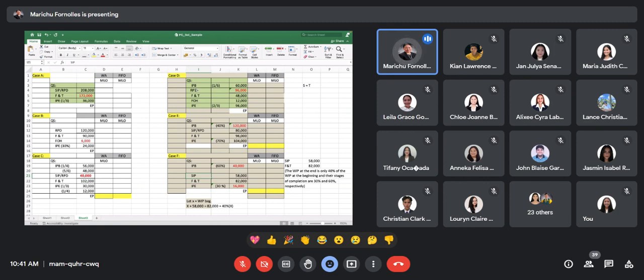Another possible source would be the units received from previous department, RPD, received from previous department. So if your department is a subsequent department, then it has a previous department.